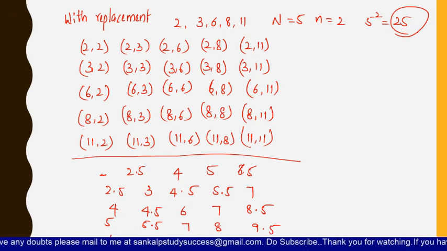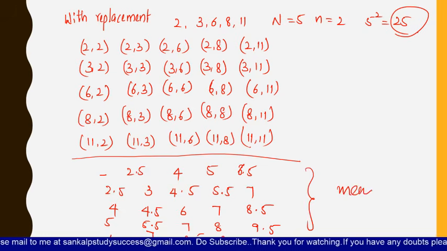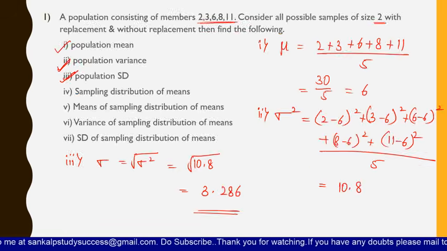Here we are having 6.5, 7, 8.5, 9.5 and 11. So you have to find out all the means of the sampling distributions. So we are done with finding the means of the sampling and also sampling distribution of means.